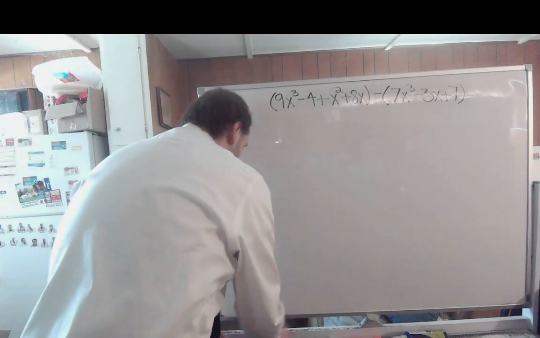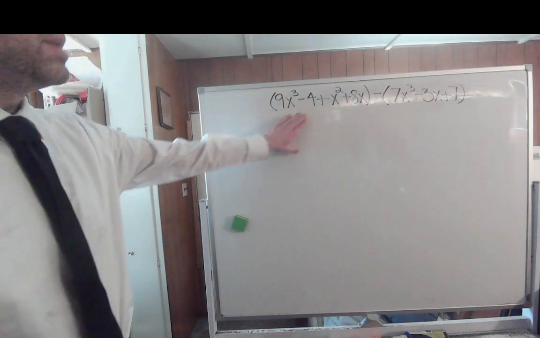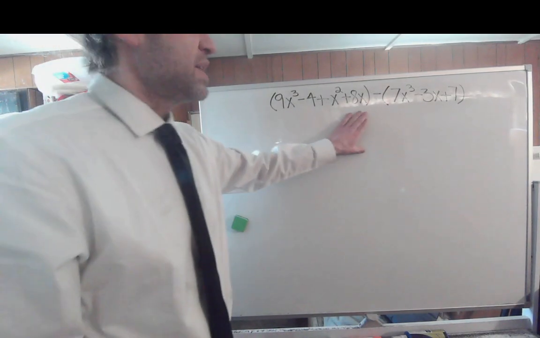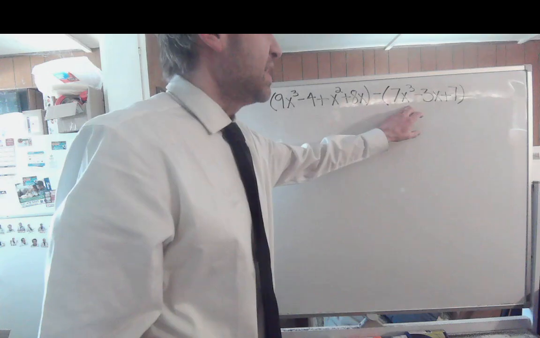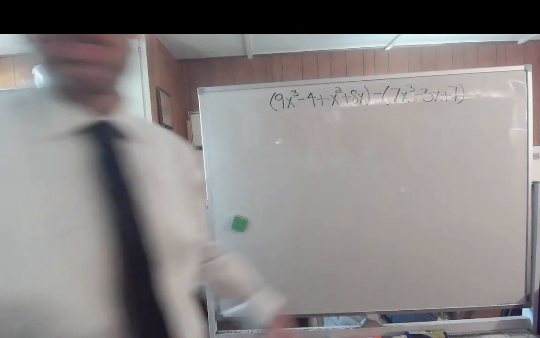So we have the quantity of 9x to the third minus 4 plus x squared plus 8x, that whole quantity, minus the quantity of 7x to the third minus 3x plus 7.